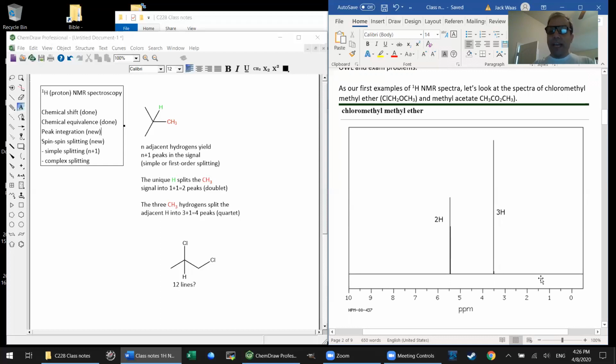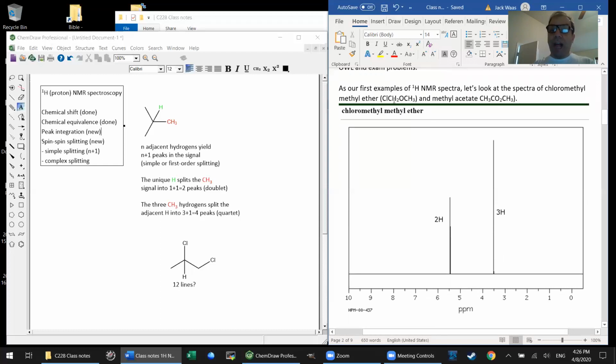we do. It also makes sense that the resonance for the methyl group is more upfield, more to the right on the spectrum compared to the other one, because these 3 hydrogens are alpha to the oxygen, and protons alpha to oxygen, typically we see them at about 3.5 or 4, and indeed that's exactly where these are, about 3.5.